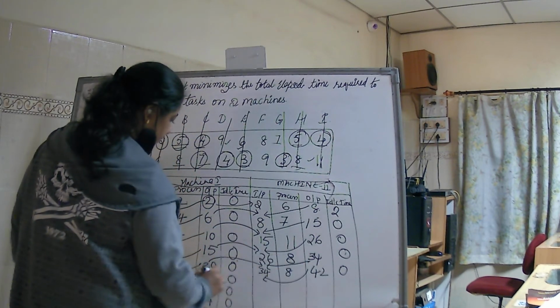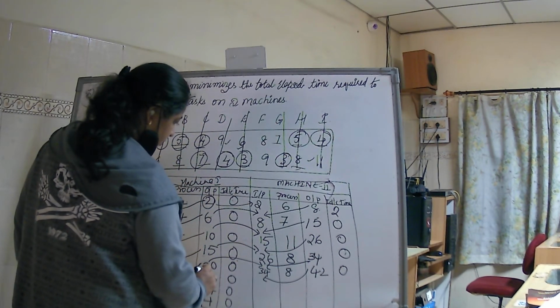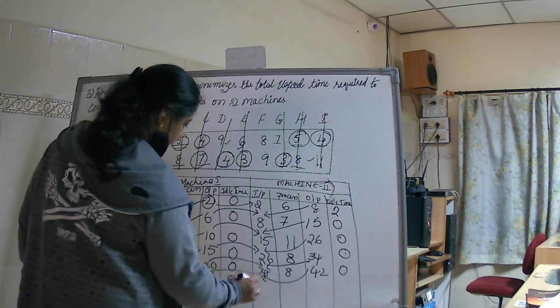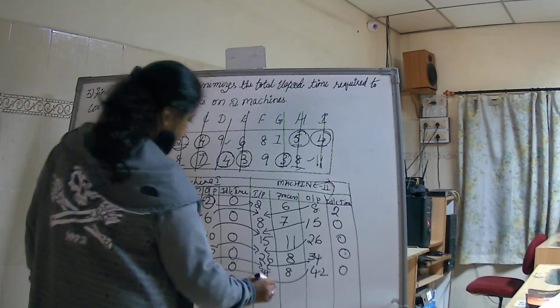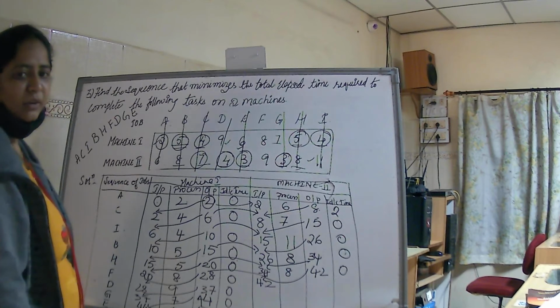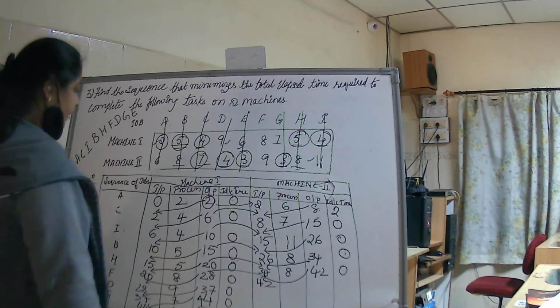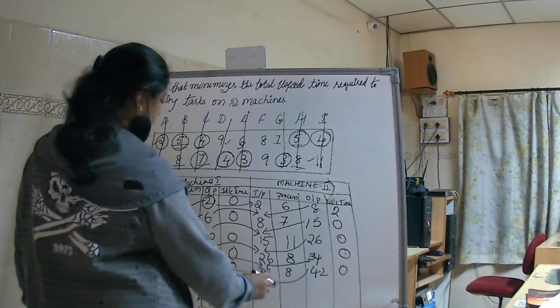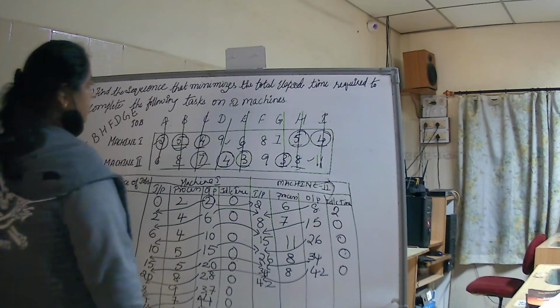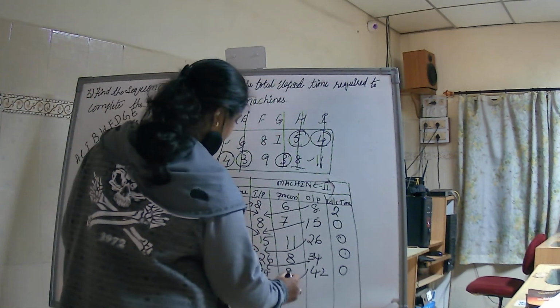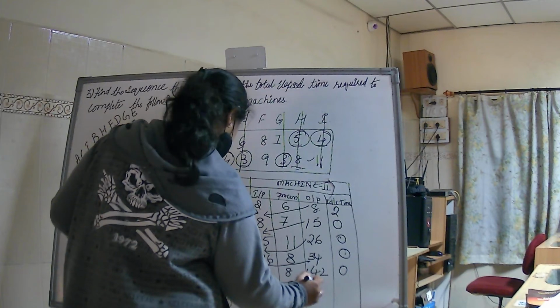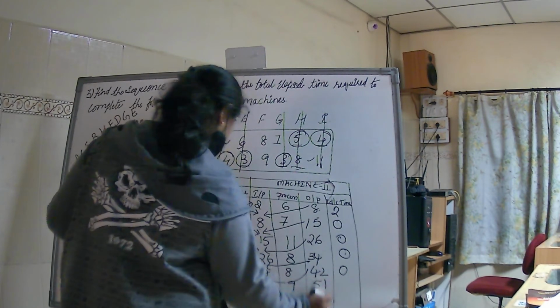Now the next input is 42 and 28. So maximum is 42. I'll be taking the input value as 42 students. So 42, the process value of F is 9. So the value will be summing up when you do it, it becomes 51.